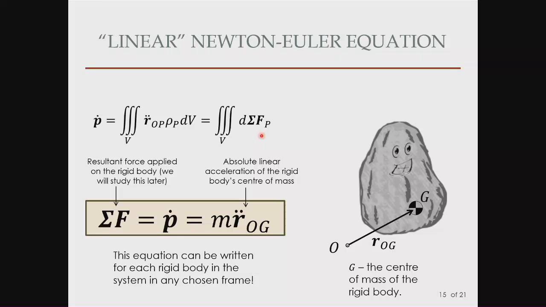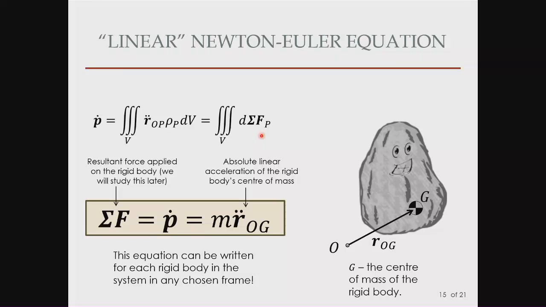If this internal force came because this particle presses on this one, then this one presses on this one with the opposite internal force. And every such internal force has its reaction within the material, within the same rigid body.